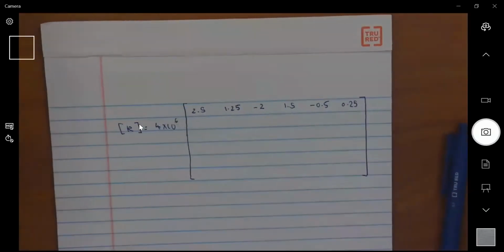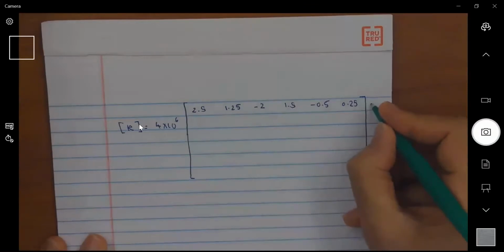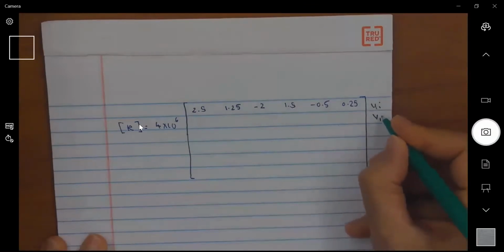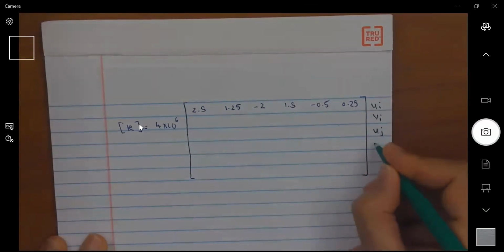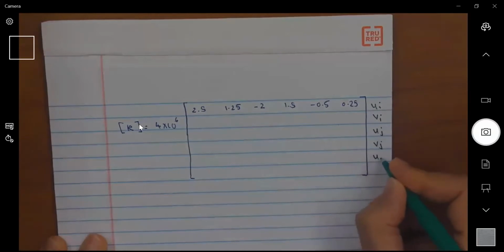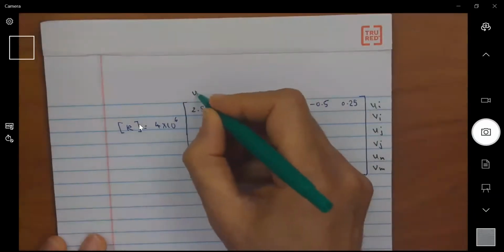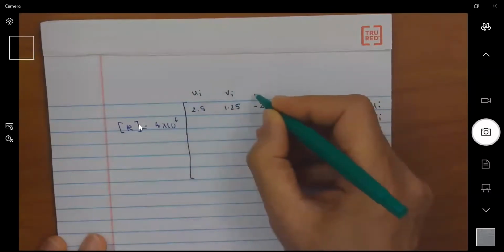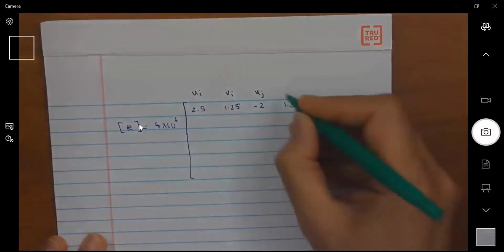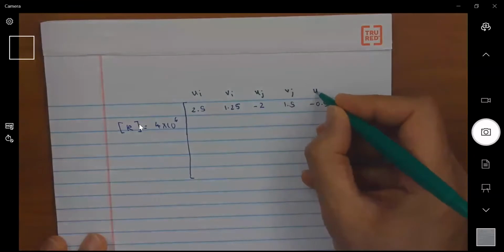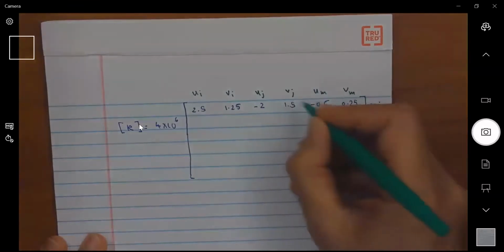These correspond to degrees of freedom UI, VI, UJ, VJ, UM, and VM. And for the columns also UI, VI, UJ, VJ, UM, and VM.